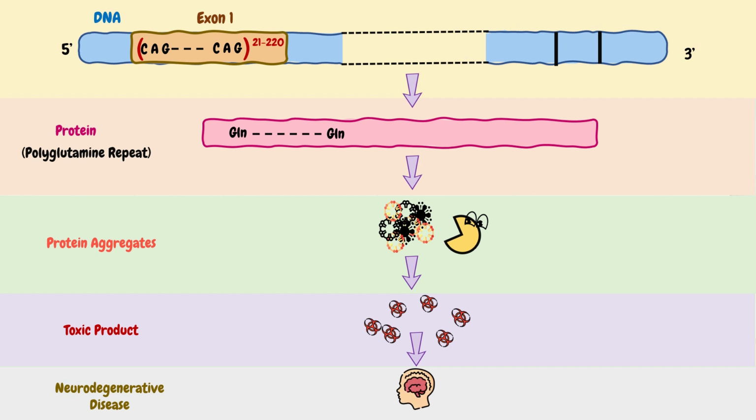Huntington's disease is the prototype of a well-defined group of polyglutamine tract diseases, which includes several of the spinocerebellar ataxias and Kennedy disease.